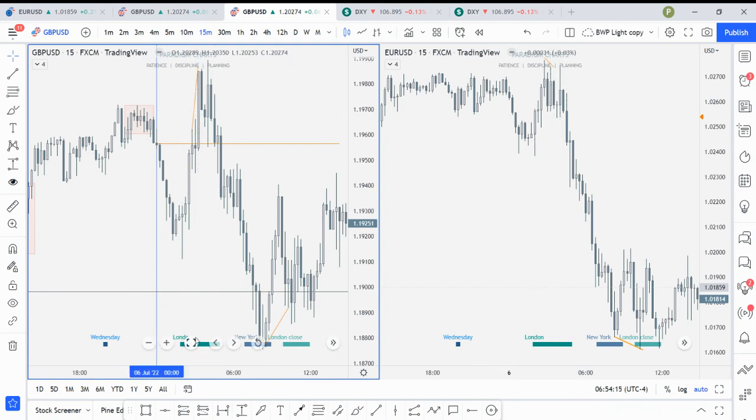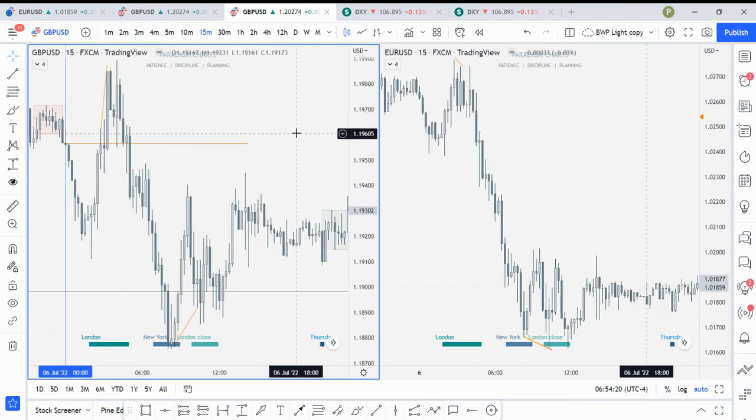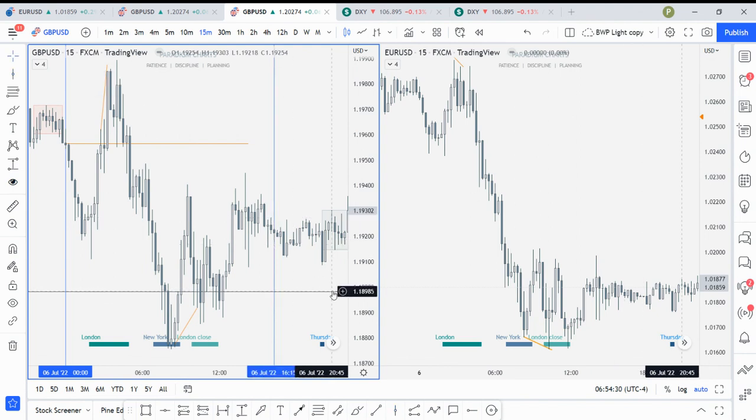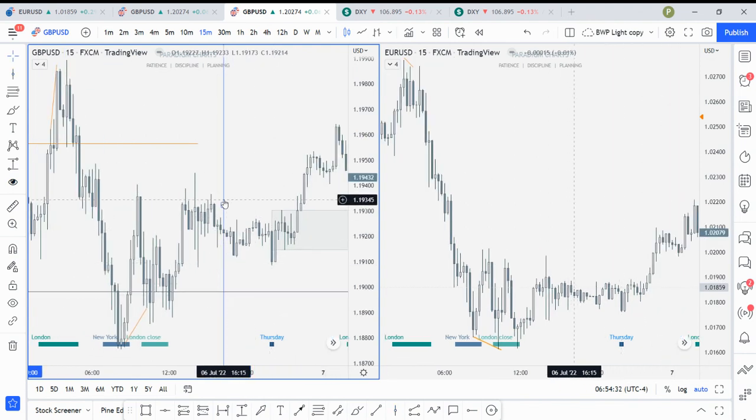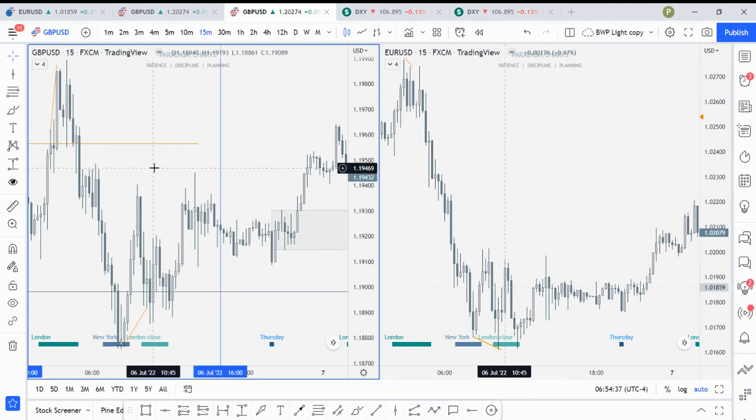You can see the high of the day formed, and the day ends by 4 p.m. That is when the day closes from the algorithm's perspective. So you can also mark out 4 p.m. on your chart. That is when the day closes.